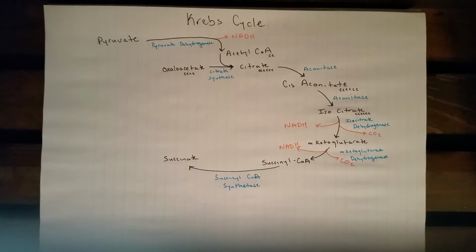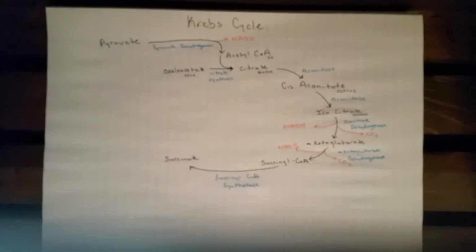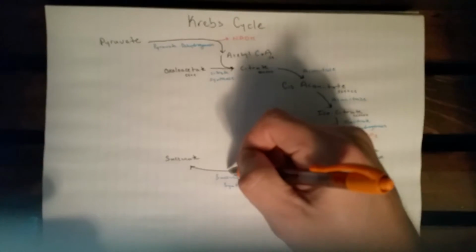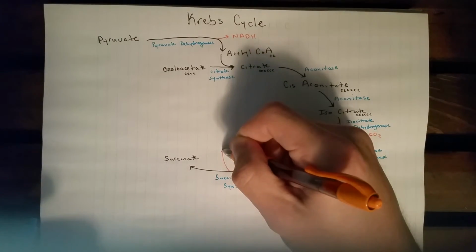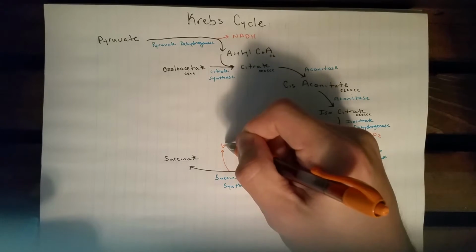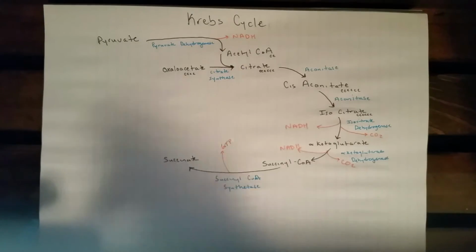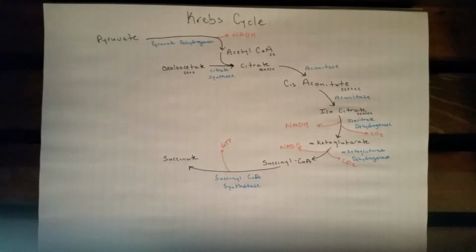Let's see if we can't get this done. There you go. So now we have this. In this process, we gain something, but we don't gain another NADH. We actually gain an ATP in the form of a GTP. For this purpose, it's essentially the same thing. So we'll call it GTP, ATP. We're going to roll with that.